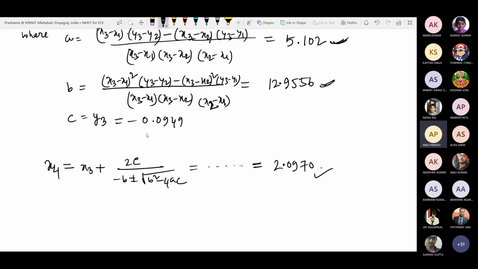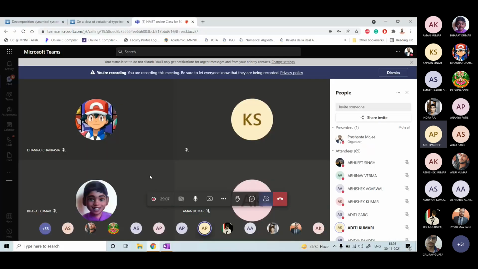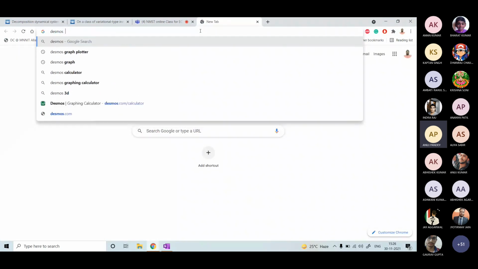So this is how Muller's method works. Let us quickly see how accurate the answer we have obtained is. Let us plot it quickly. What was the graph? The graph plotter.